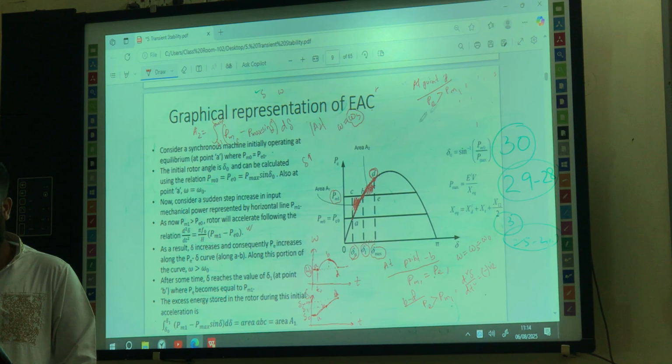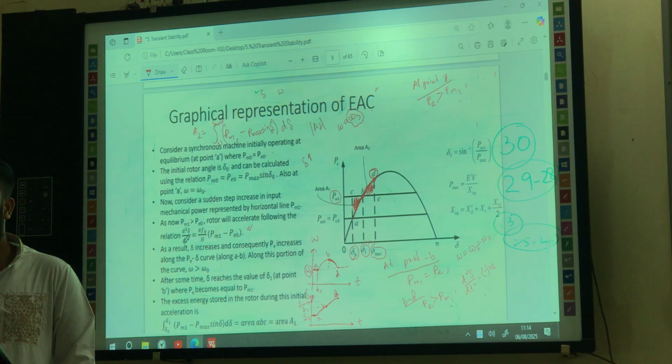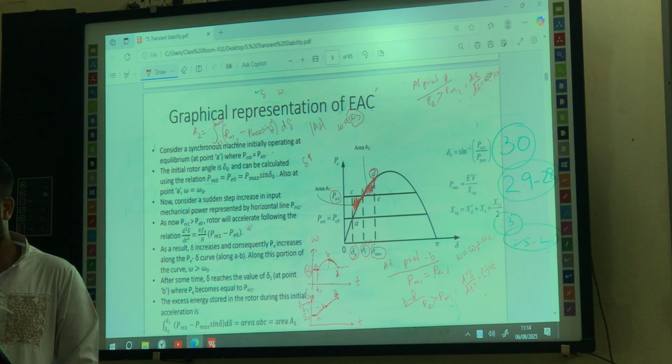If this is the case, by observing the swing equation, what will be the result of the acceleration? Will this term be positive or negative? It will be negative. That means this term, d square delta over dt square, will be negative.